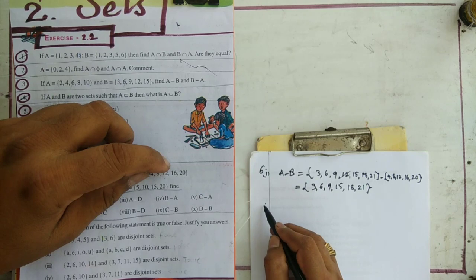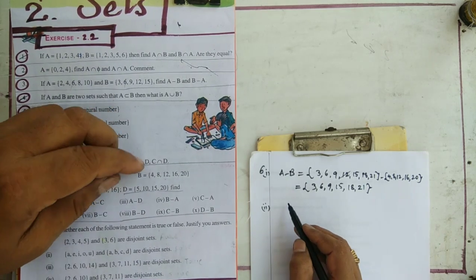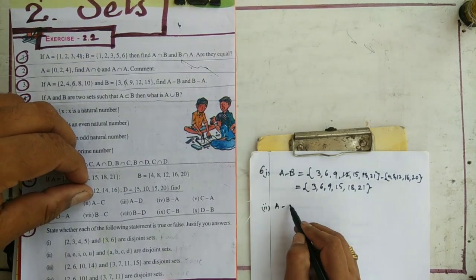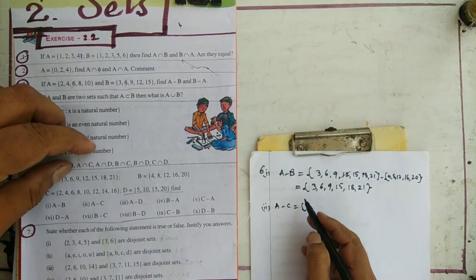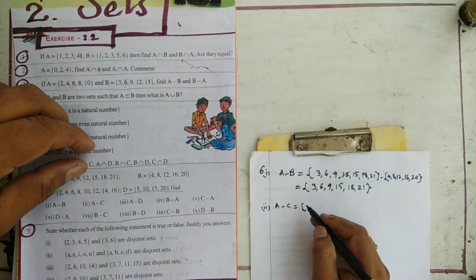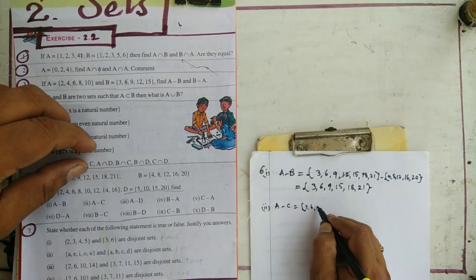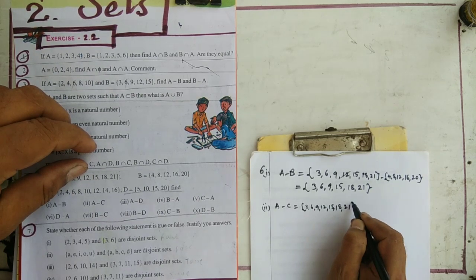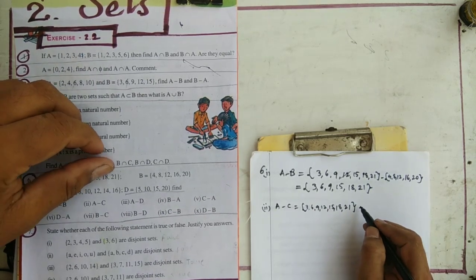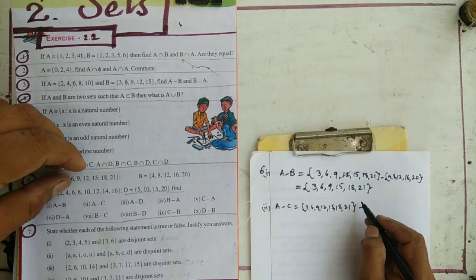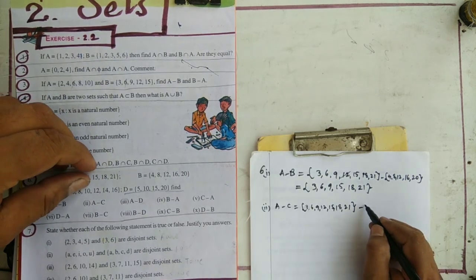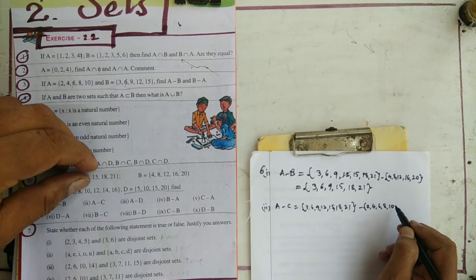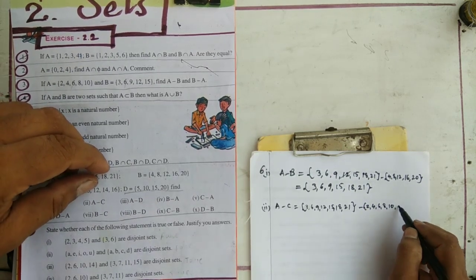Next, the second one, A minus C. A is equal to 3, 6, 9, 12, 15, 18, 21, minus C, which is 2, 4, 6, 8, 10, 12, 14, 16.